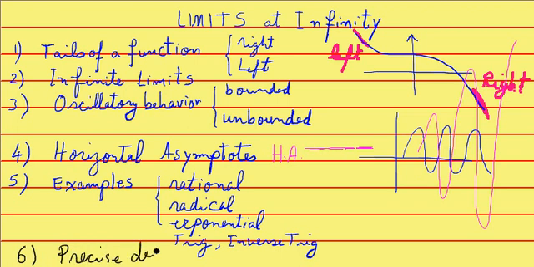If you remember that epsilon delta definition we had, there is a version of those definitions that's applicable here. Okay, let's go and take a more detailed look at these items one at a time.